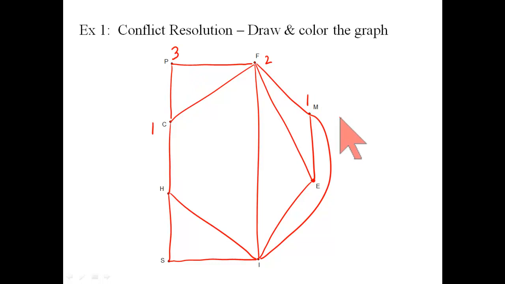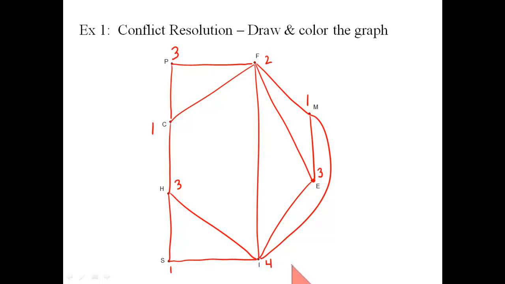That could be period number 1, and English could be period number 3, and history could be period number 3. Spanish could be period number 1, and we're left with Italian, which can't be period number 1, 2, or 3. So it looks like I'm going to need a 4th color here.